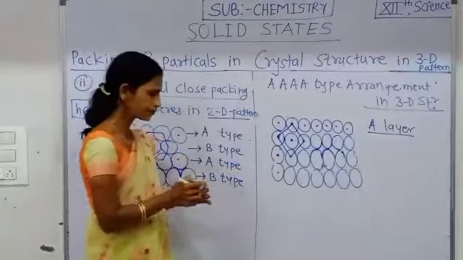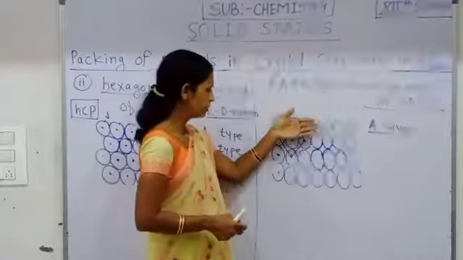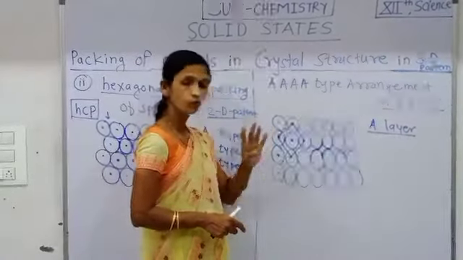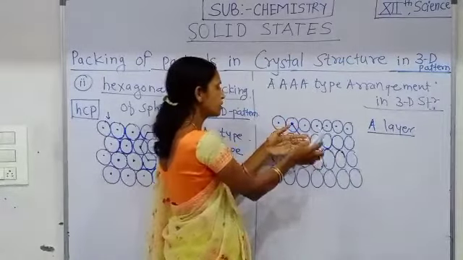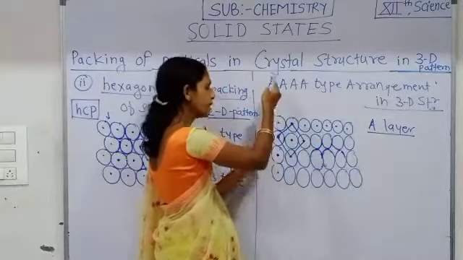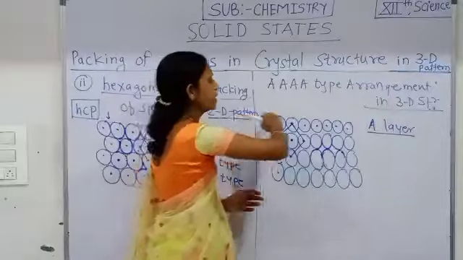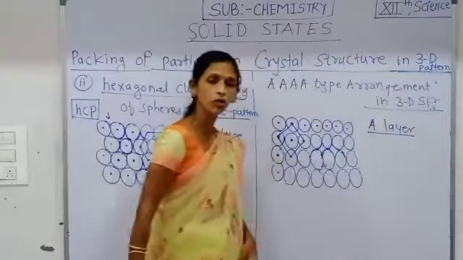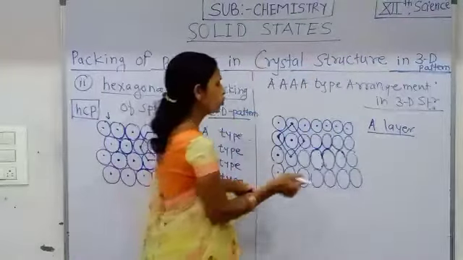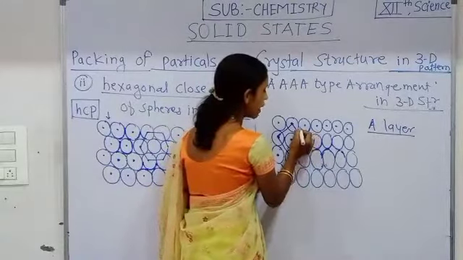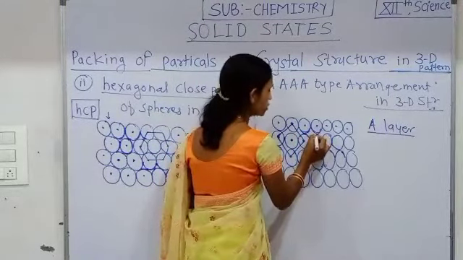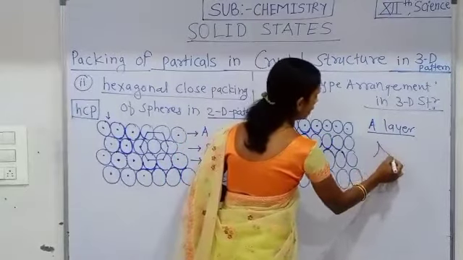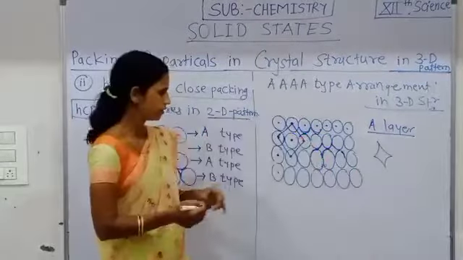Imagine there are 4 different layers arranged exactly on each other, such that all spheres get aligned vertically as well as horizontally. Then the voids remain as they are, that means the voids are also aligned with each other.